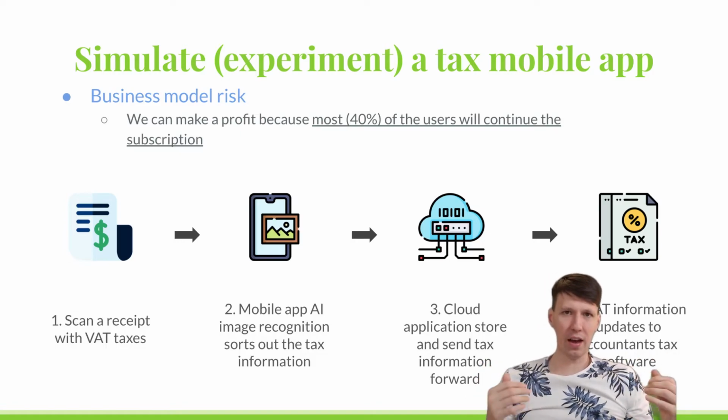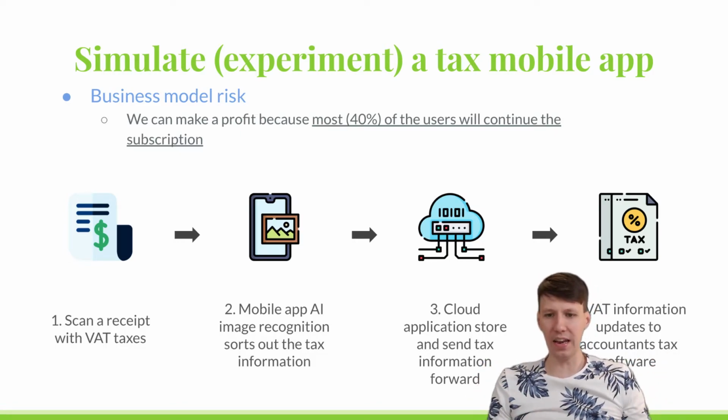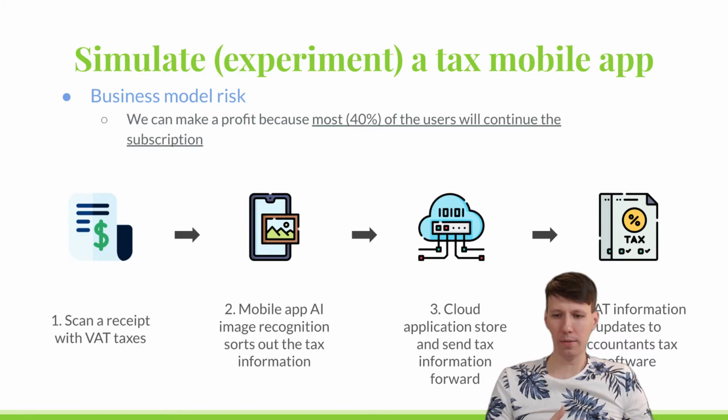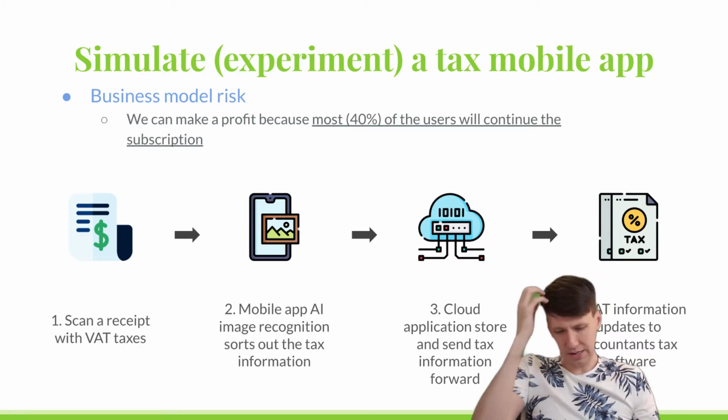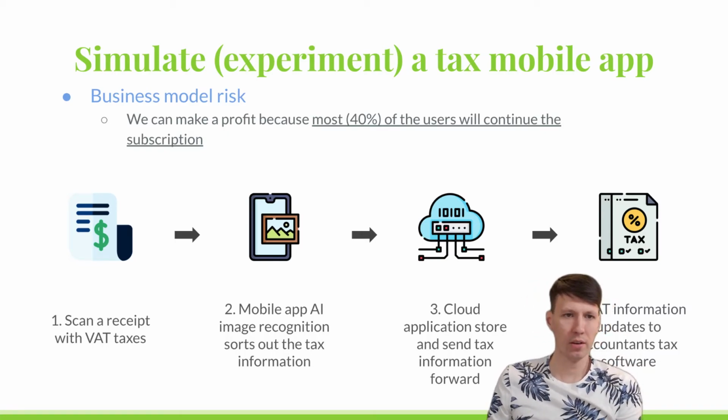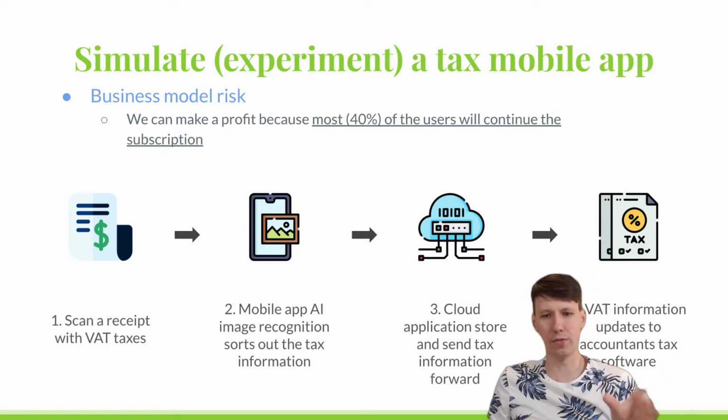The cloud stores the data, crunches the data, and then sends it forward to the accountant's software, which makes the final value added tax deduction. And this is the classic way, and this is the wrong way to do it.